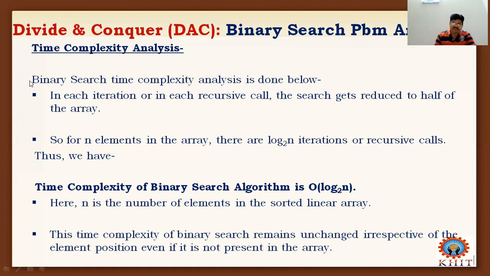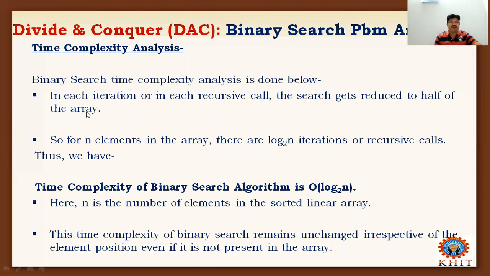So there is a standard procedure for calculating or measuring the time complexity of binary search. Here there are many iterations we are doing for finding the given element in the array. In each iteration or each recursive call, the search is reduced to half of the array.